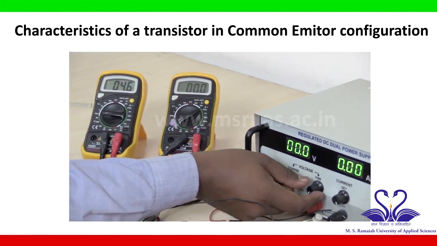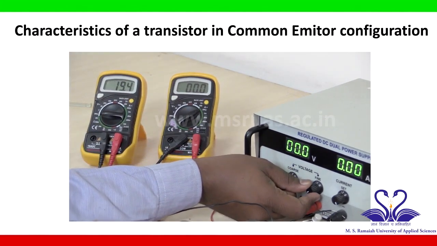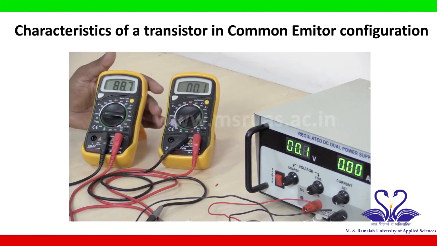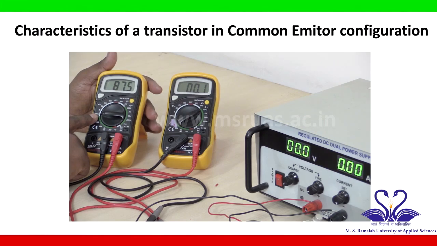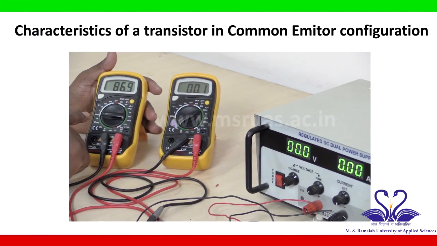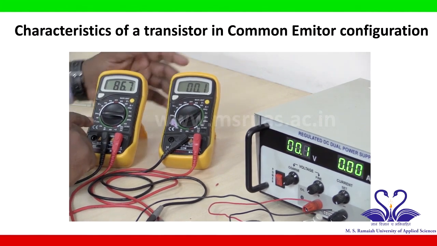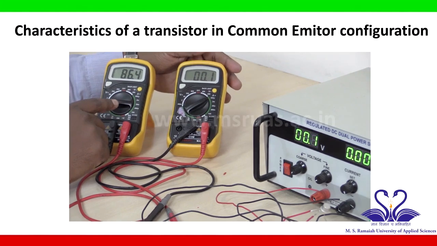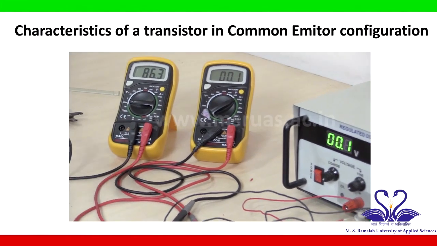Now I will make VBB as 0.1 volt, and for that I am getting a VBE of 87.1 millivolt and IB as 0.1 microamps, which we will tabulate in the tabular column.